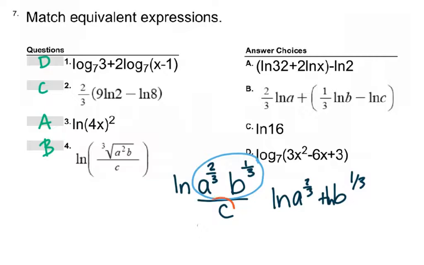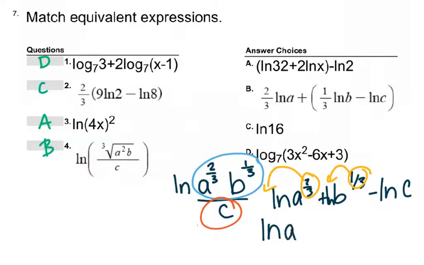And then because this one is being divided, I can break that up by subtraction. And then the last thing is to move the exponents in front. Alright, so it would be natural log A 2/3 plus 1/3 natural log B minus natural log C.